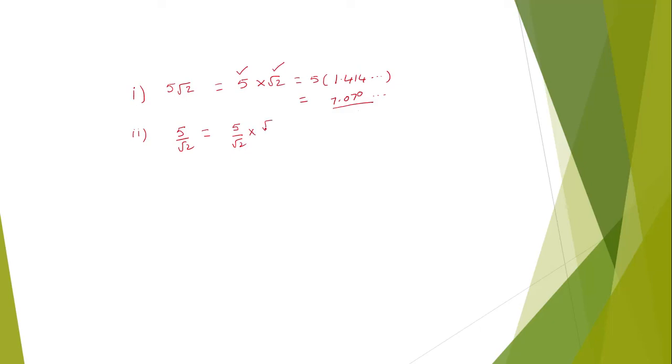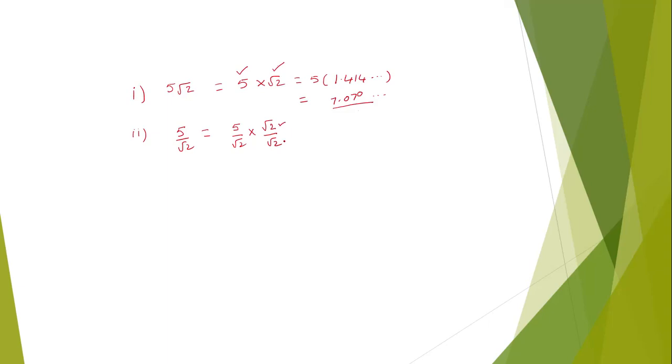You may write this 5 by root 2 into root 2 by root 2. Root 2 by root 2 means 1. Anything multiplied by 1 gives the same number, so there is no change. Hence I wrote it for our convenience to solve the problem easily.